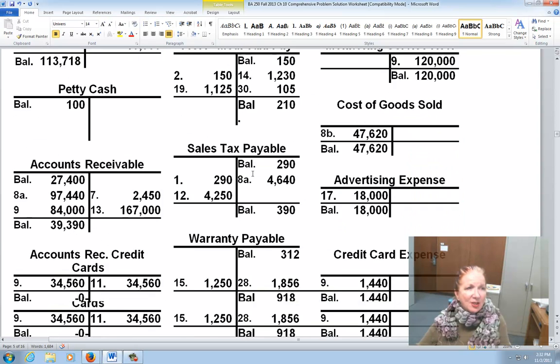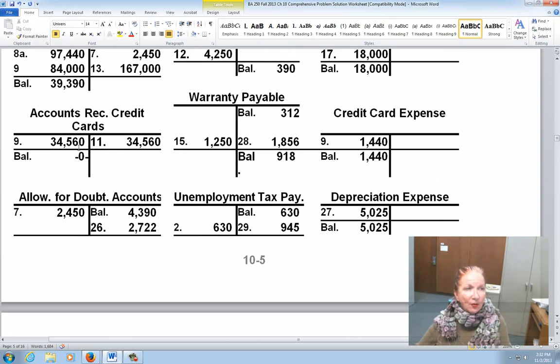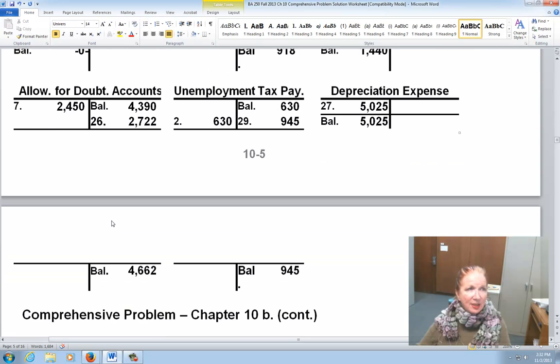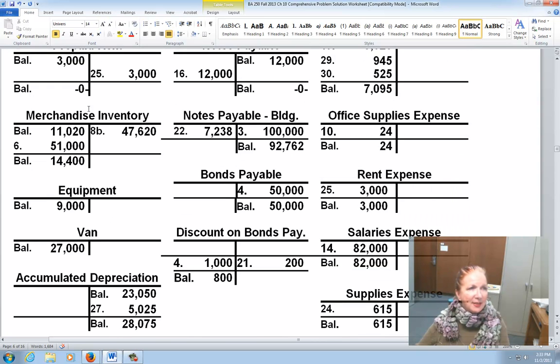So here's cash, petty cash, accounts receivable. Now credit card accounts you won't have because it has a zero balance. Here's your allowance, getting you a new book value there, taking that subtotal over in the left-hand column. And then here's supplies and prepaid rent and inventory, and we get all the way down to equipment.